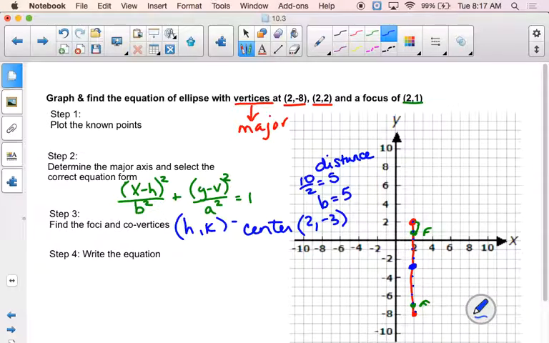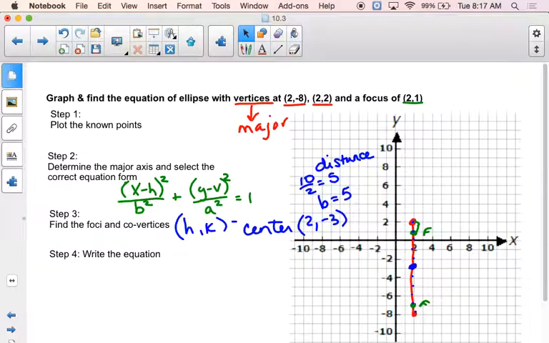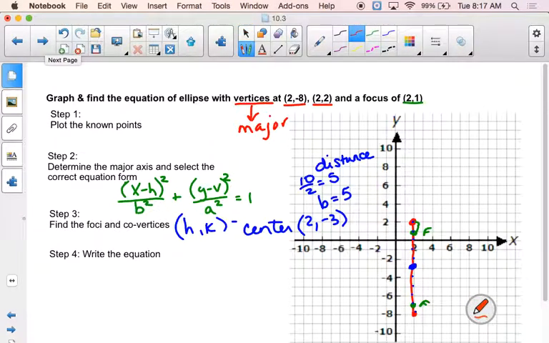Okay. Now, if I think about what I know so far, I know my center, and I know my a, but I need the b. I don't know how far out I'm going to go this way. So what I can do is use the focal equation, because remember, focal distance squared is equal to a squared minus b squared.